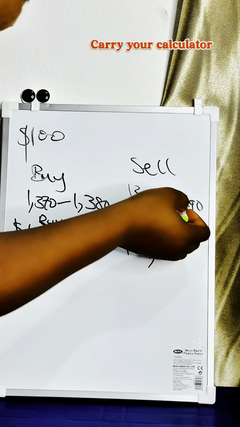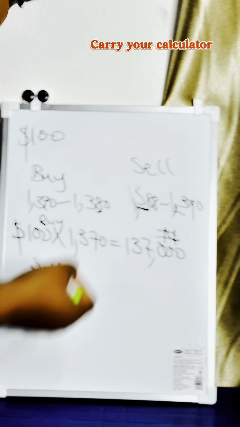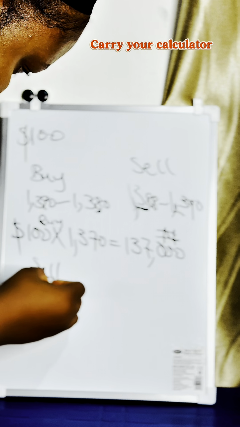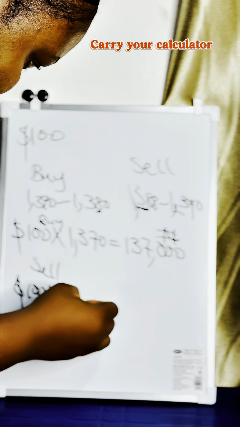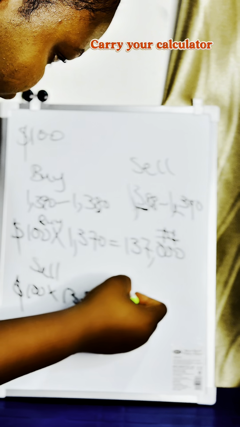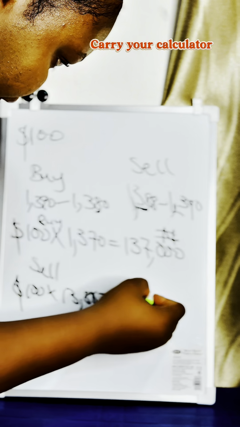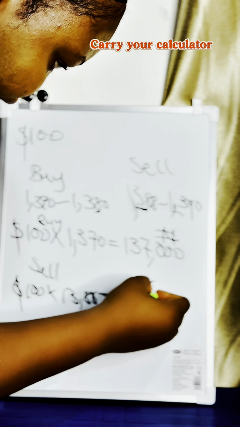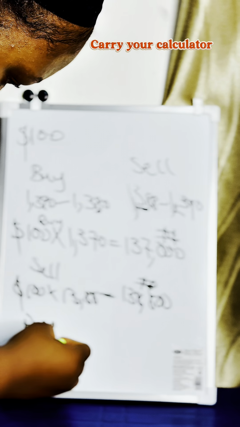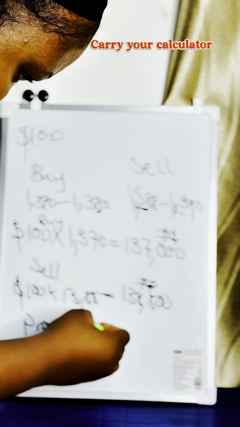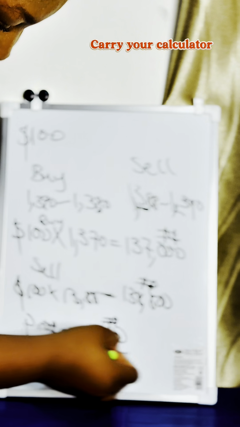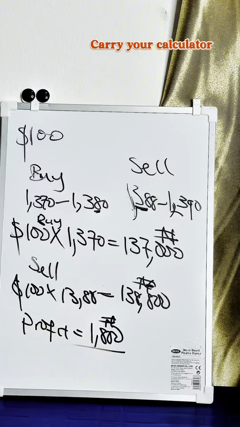Let's use the lowest amount here for selling. $100 times 1,388, we'll be getting 138,800 naira. Your profit will be 1,800 naira. This is your profit for one trade.